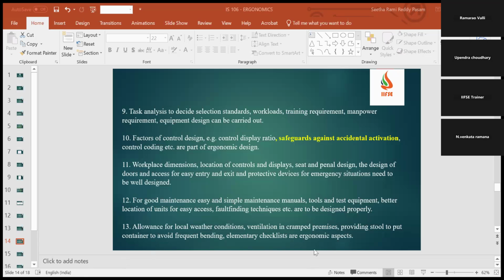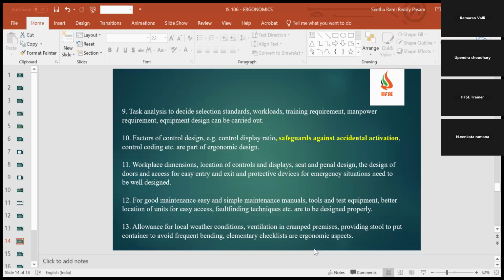So uses of manuals, tools and test equipments. We used to have different kinds of test equipments for different kinds of applications or testing. Then better location of units for easy access. Then fault finding techniques are also to be designed properly.